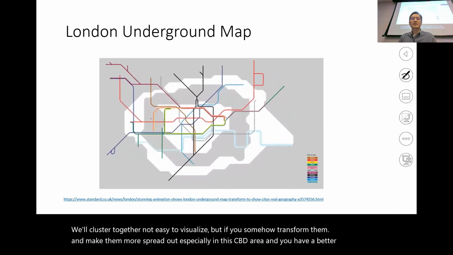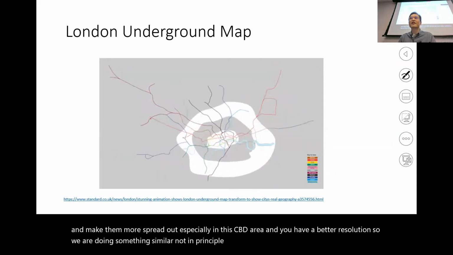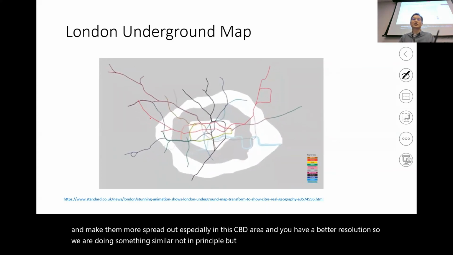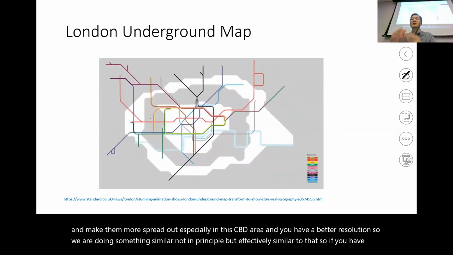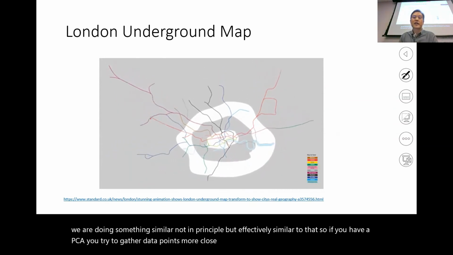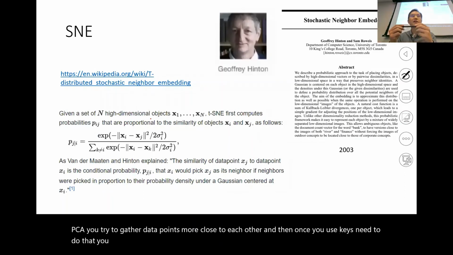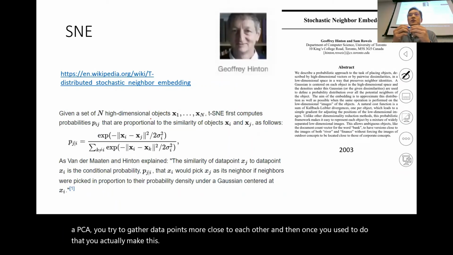So we are doing something effectively similar to that, though not in principle. PCA tries to get the data points closer to each other, and once you use t-SNE, you actually make the data points spread out.